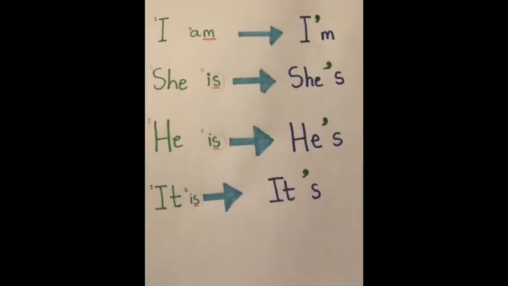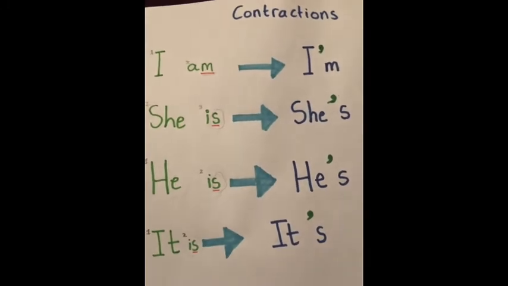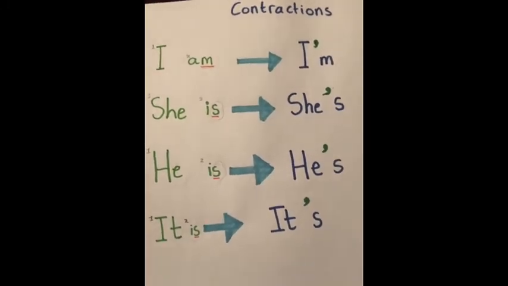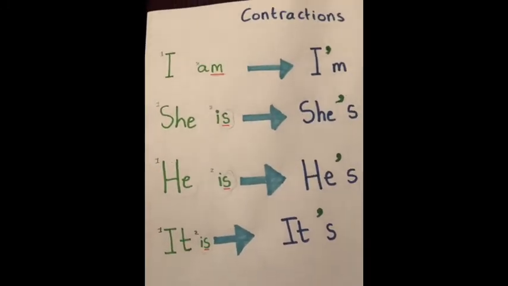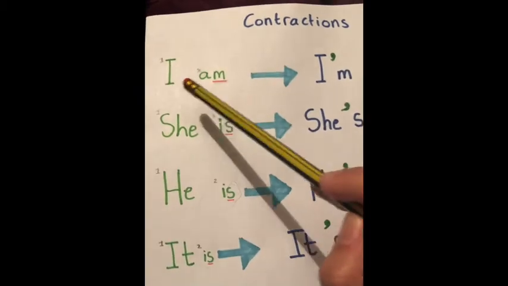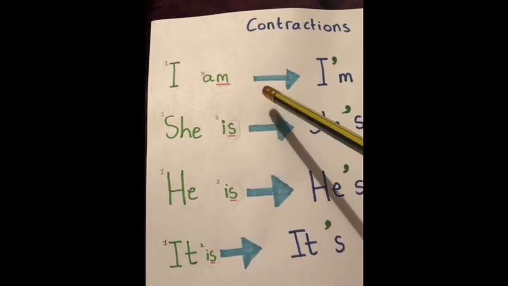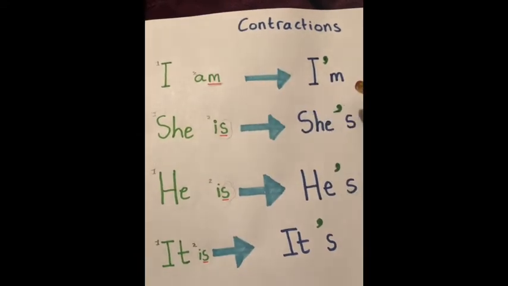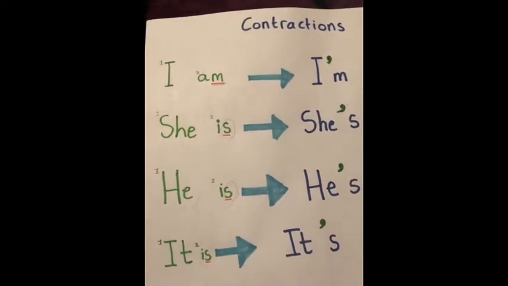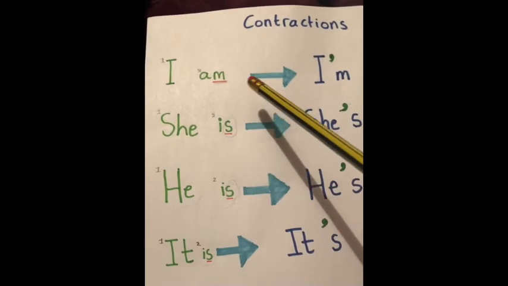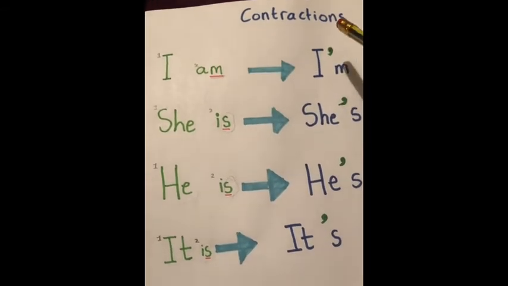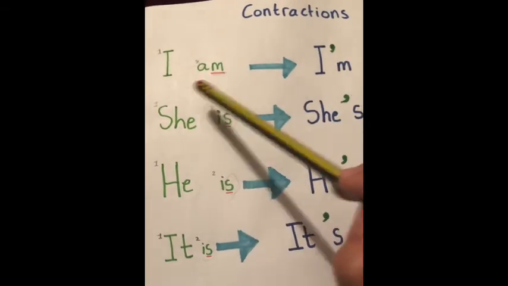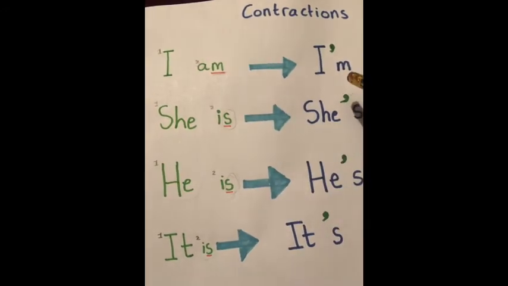Let's have some examples on each contraction. Okay? I am becomes I'm. I'm an English teacher, or I am an English teacher. This is a contraction because we changed the two words into one word.